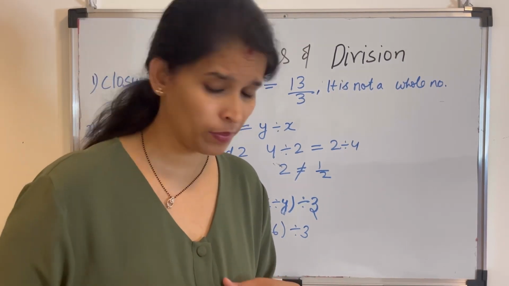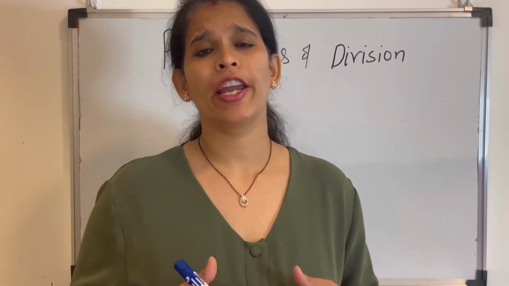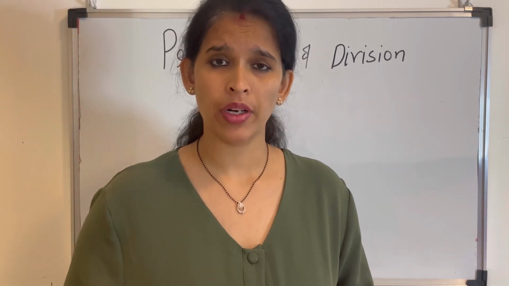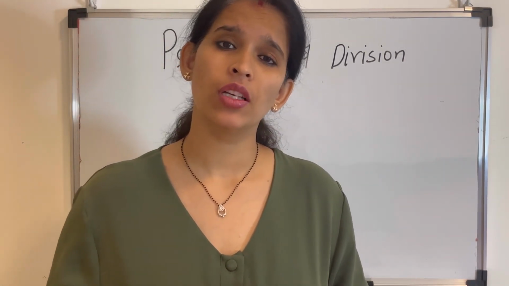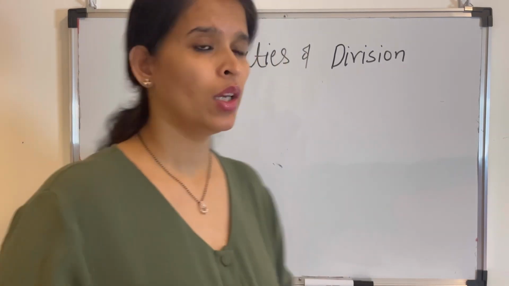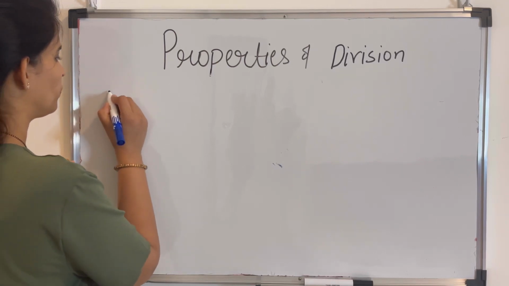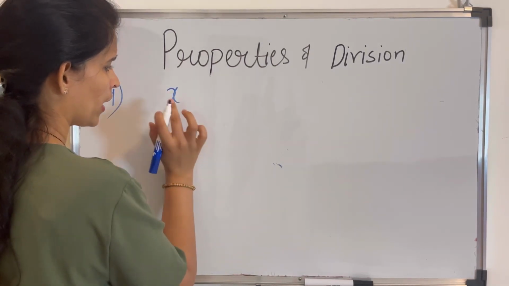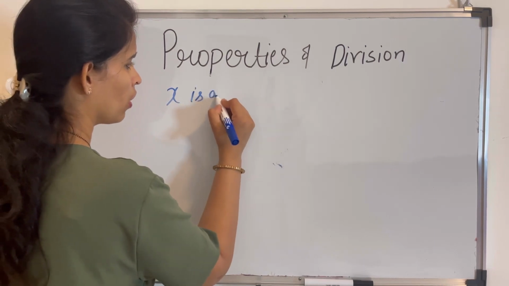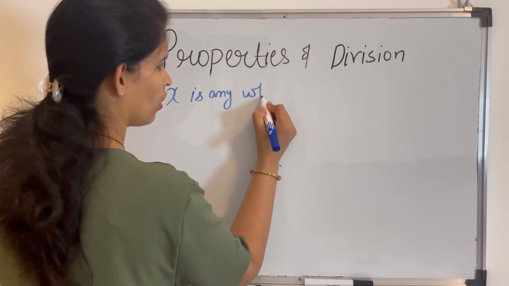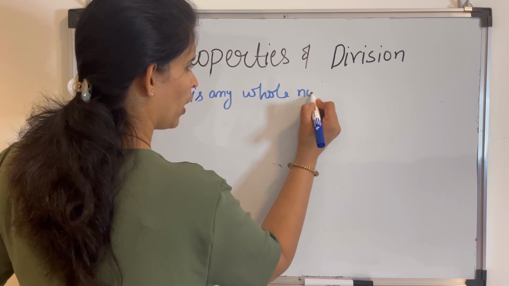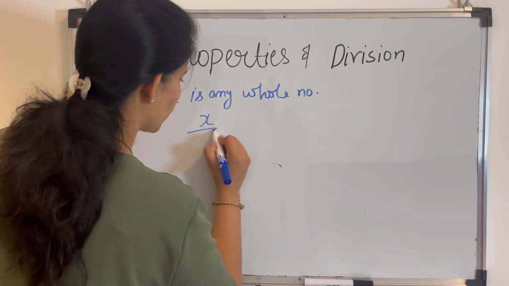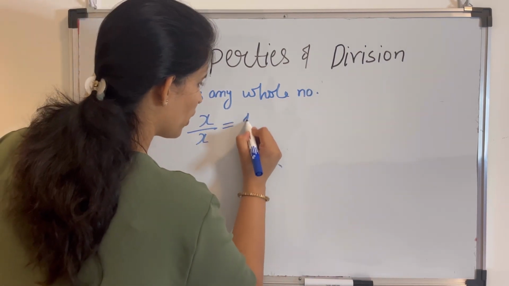Now the fourth one. If I have any non-zero whole number and I divide that whole number with itself, the result will be 1. This means if x is any whole number, and if I divide x with x, the result will be 1.